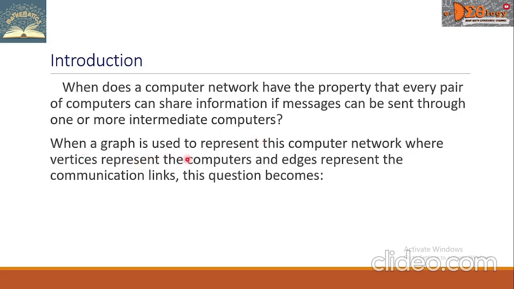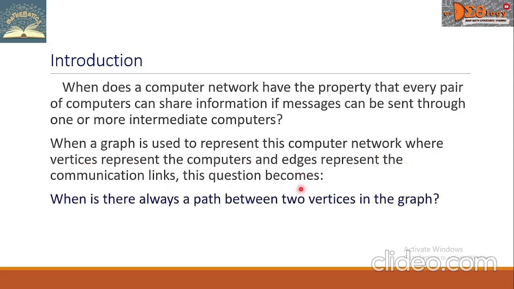When a graph is used to represent this computer network, where vertices represent the computers and edges represent the communication links, this question becomes: when is there always a path between two vertices in the graph?